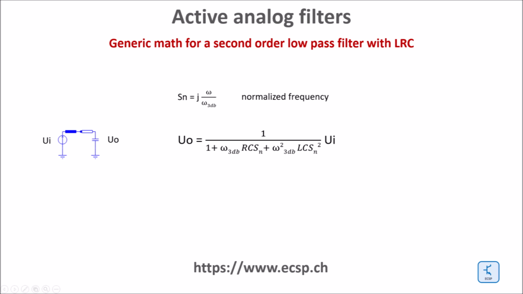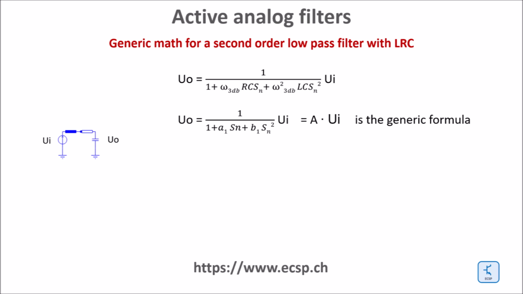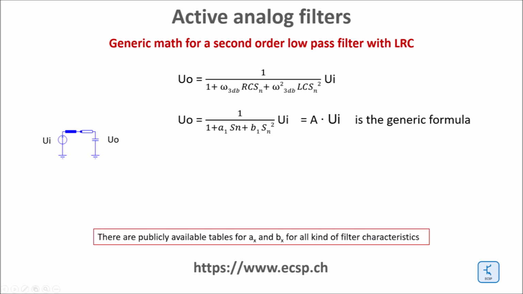Here is the same formula used before, but this time with the normalized frequency. As a result, one gets a generic term for a second-order filter with parameters A and B characterizing the behavior of the filter. There are publicly available tables listing the parameters A and B for all kinds of filter characteristics and filter orders. These parameters apply for RLC filters, but also for other active filter layouts, as we will see later.